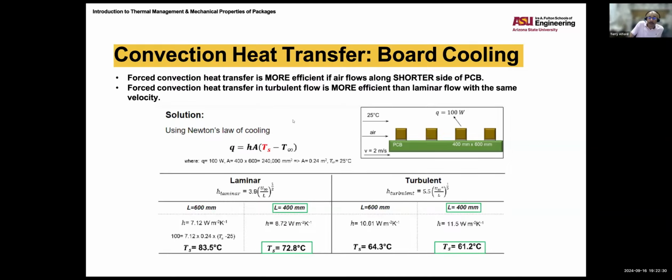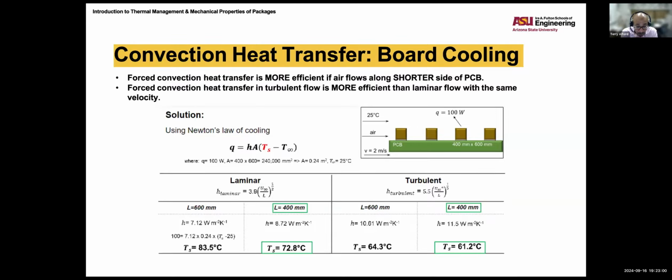So again, you have to initially understand your geometry and the materials used, and then understand what flow regime you're in, laminar or turbulent, and then calculate your heat transfer coefficient to approximate the actual heat transfer.